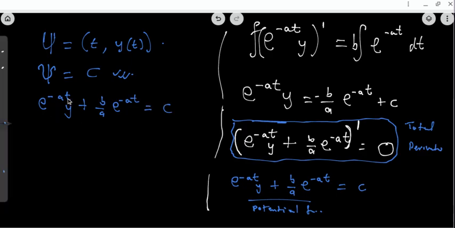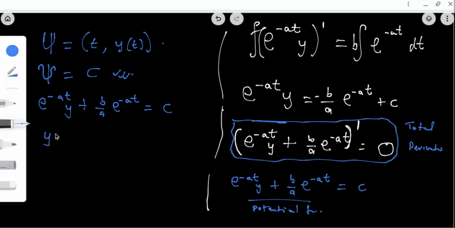Now with this potential function, I can divide through by e^(-at).